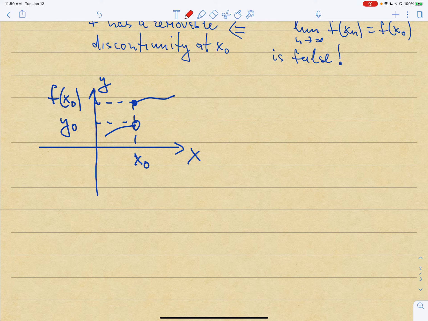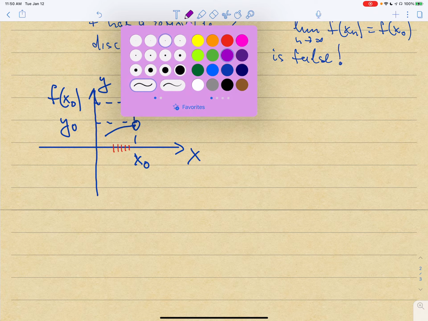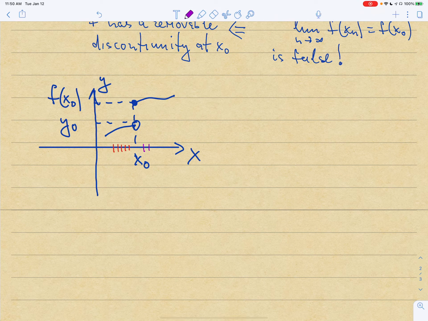So here, if I take a sequence of xn that converges to x0 from the left, and maybe I take a sequence of xn tilde that converges to x0 from the right, then we will see that the limit of f of xn is going to be different, right?